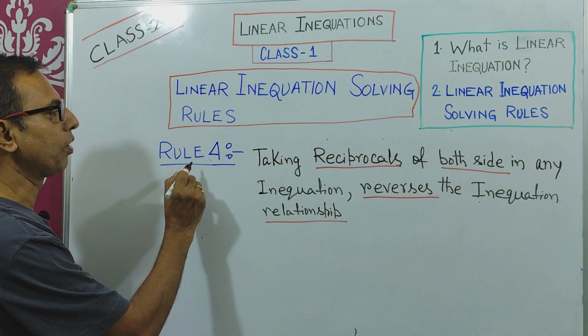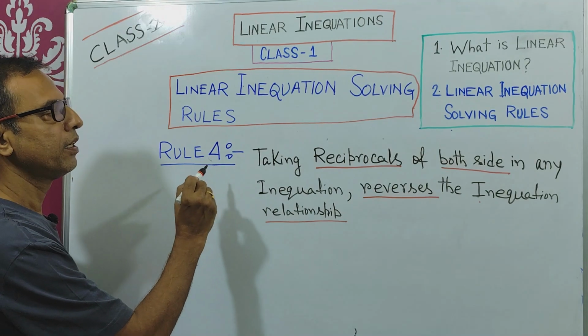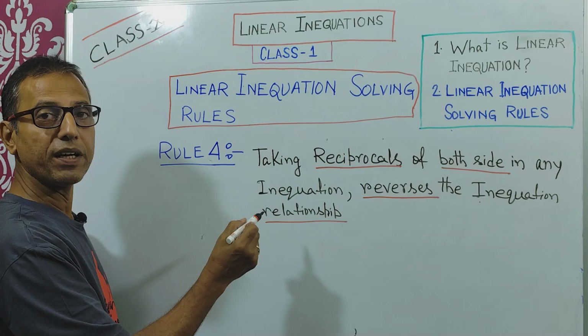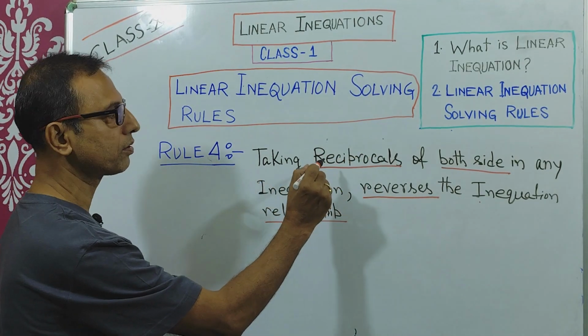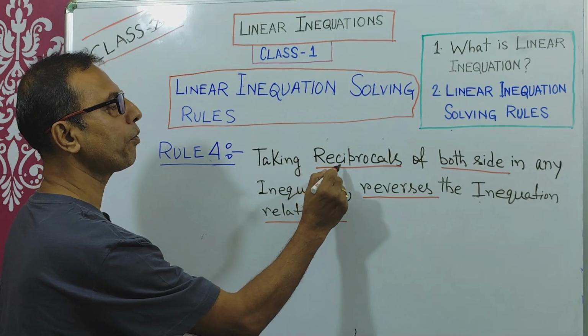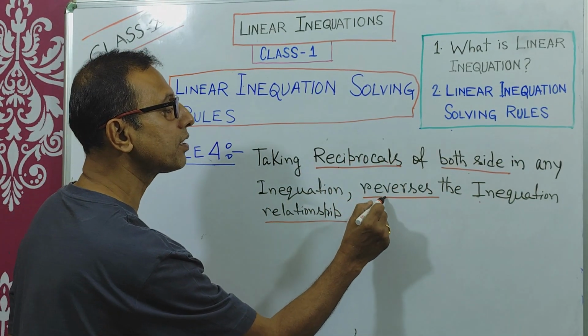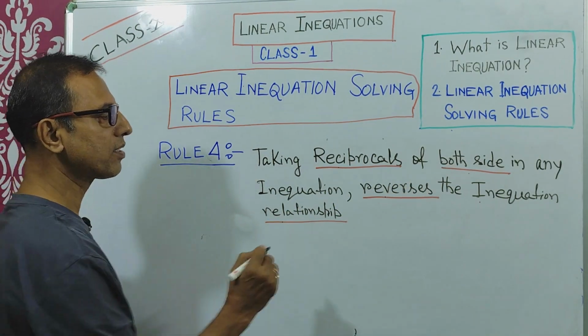Right? Now rule number 4. What is rule number 4? The fourth rule is, for any given inequation, if you take the reciprocals of both sides, you mark the underlined word, reciprocals of both sides in any inequation reverses the inequation relationship. Just consider one simple example.